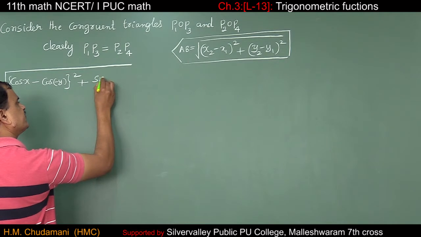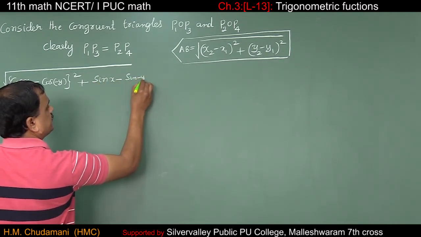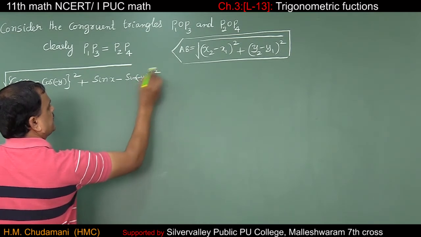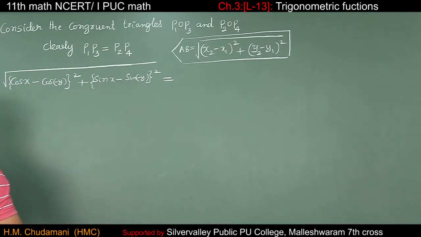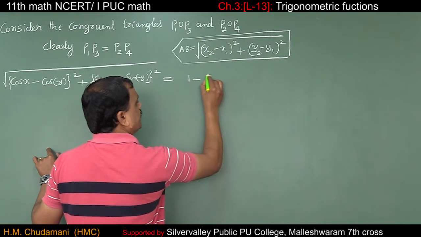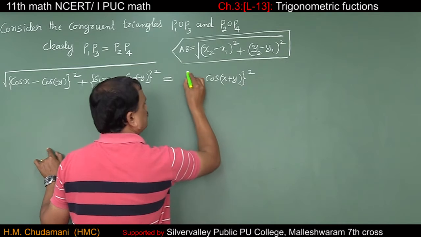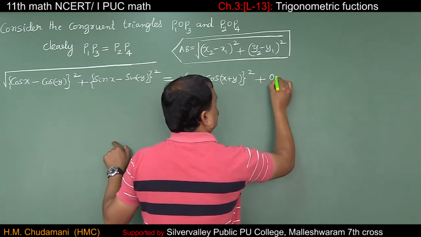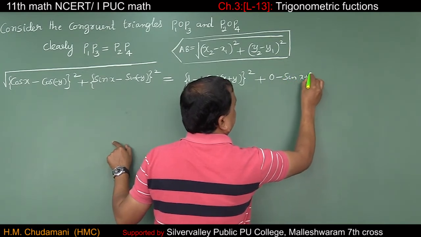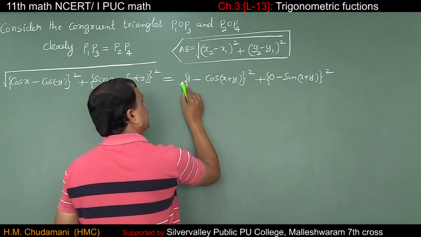You can write y1 minus y2 also: sin x minus sin of minus y, the whole square, under root, is equal to P2 P4. So x1 minus x2 means 1 minus cos of x plus y, the whole square, plus y1 minus y2, that is 0 minus sin of x plus y, the whole square, under root.